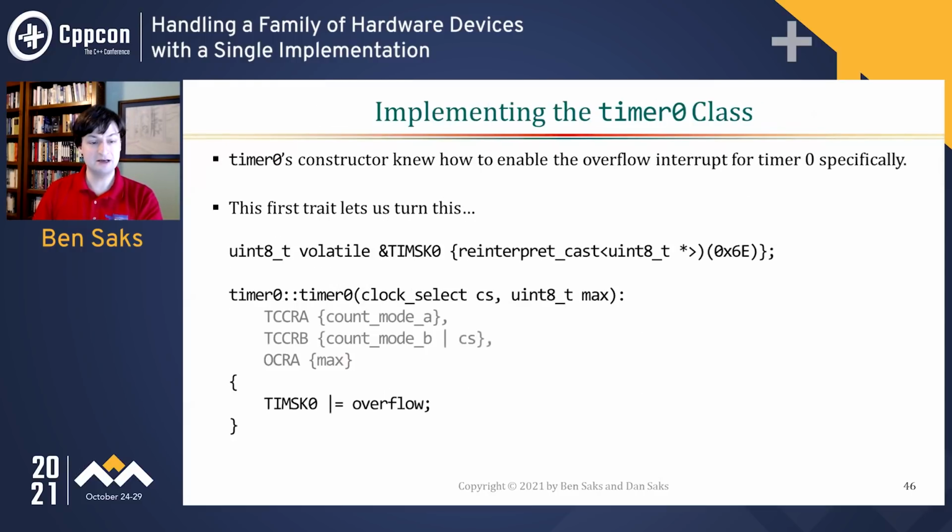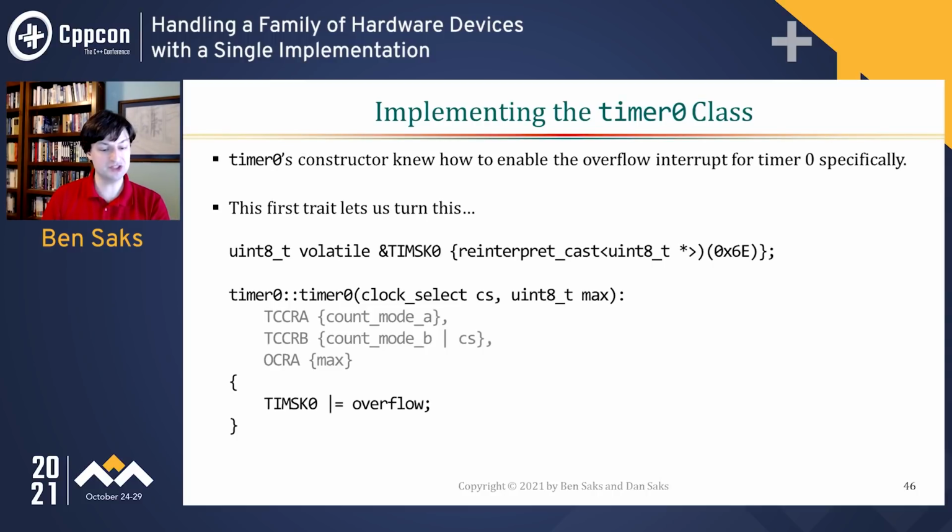And that will let us go from this constructor for timer 0, which knew specifically how to enable the overflow interrupt just for timer 0. It was fixed when we wrote this code that this line of code was going to be talking to the interrupt mask register for timer 0.